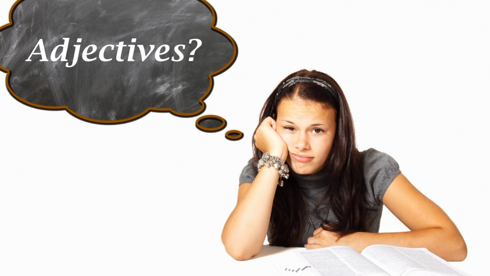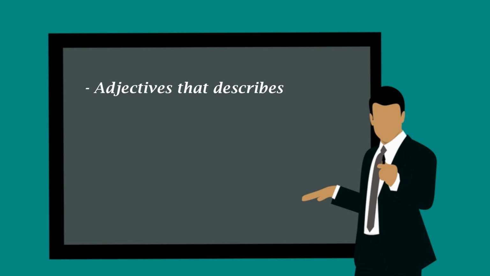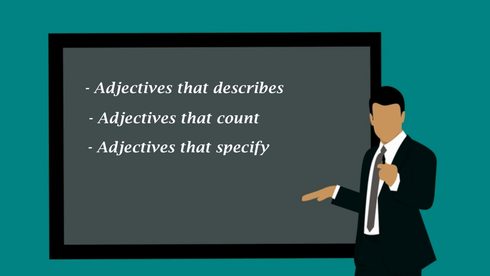If you want to learn the correct usage of adjectives, then watch this video. The goal of this video is to make you understand how to use adjectives in the simplest way possible. In this lesson, we will cover what an adjective is and how to use them. We will talk about different kinds of adjectives such as adjectives that describe, adjectives that count, and adjectives that specify.